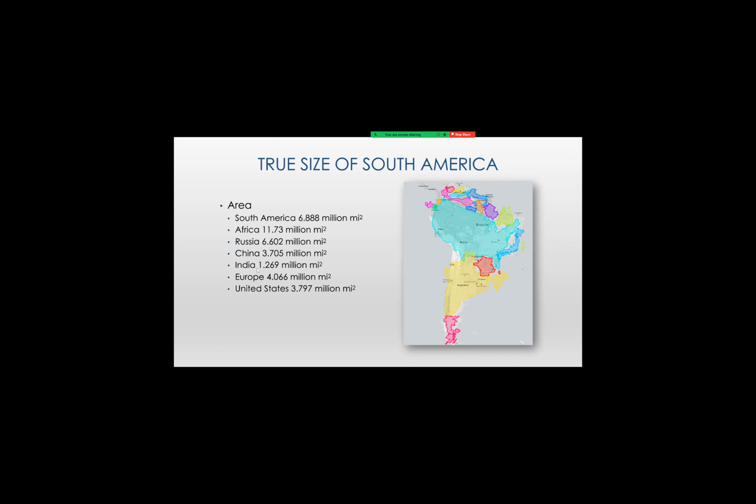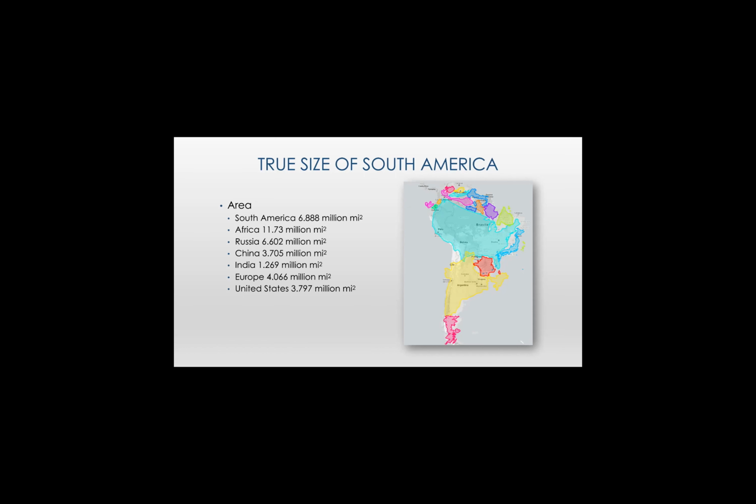The United States is only 3.797 million square miles. So if you take a look at Africa, Africa is almost twice the size of any of the other countries or continents. Everything else is relatively small in comparison, and yet our maps have depicted them as superpowers, not just in their global reach, but in their actual size.